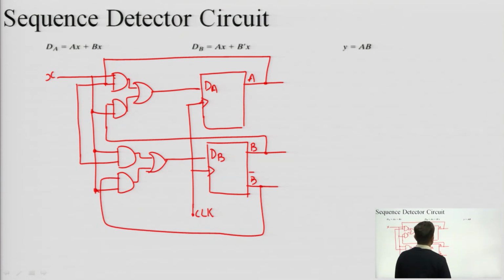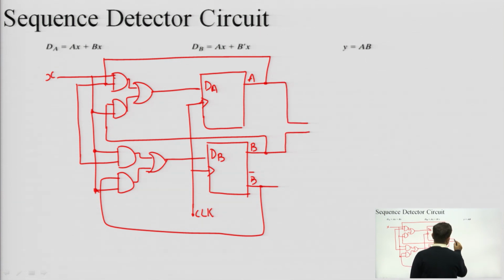So these are the expressions for DA and DB, and then we have to prepare Y as well. So this is A and B, and both will enter an AND gate to generate the expression for Y.